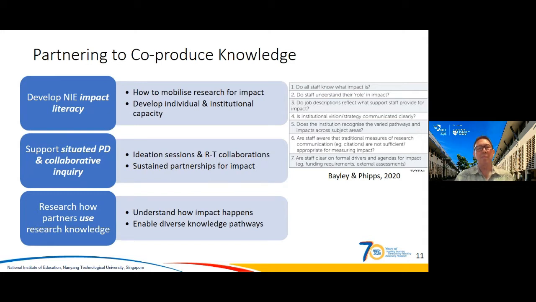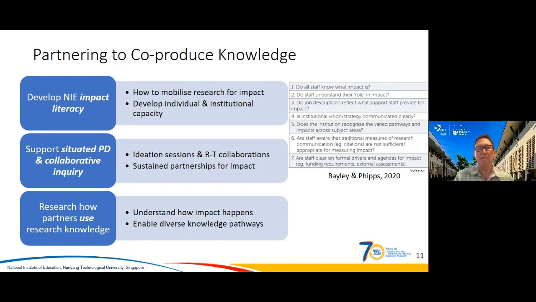Again, I think right from the planning of research all the way to following it up in terms of how users are making use of research, there needs to be some capacity building that we can focus on here in terms of mobilizing research for impact and developing individual researcher capacity as well as the capacity of the overall institute. We also think that situated professional development and collaborative inquiry is key to this.